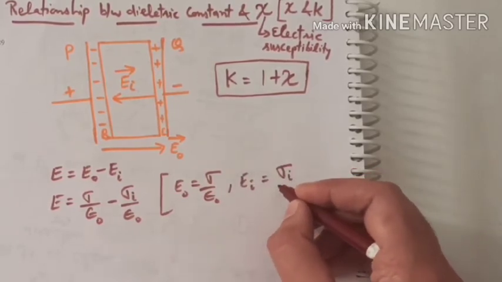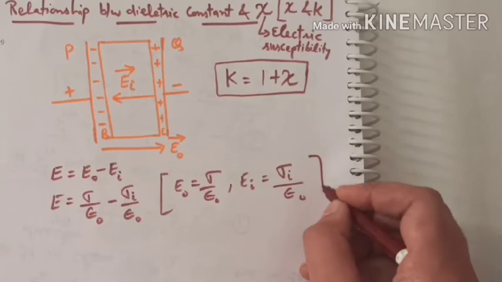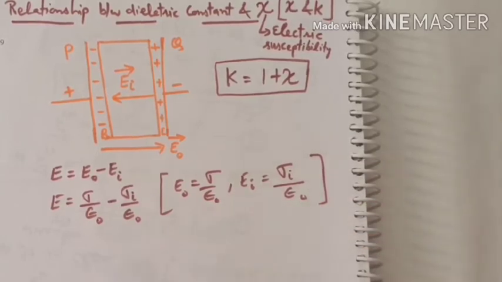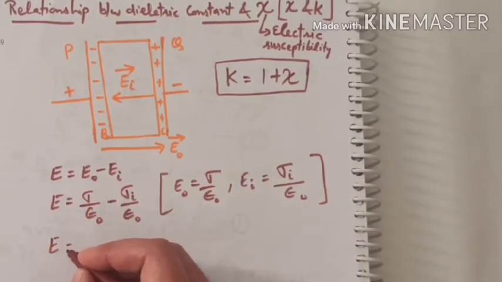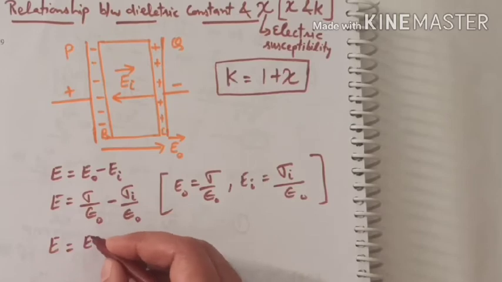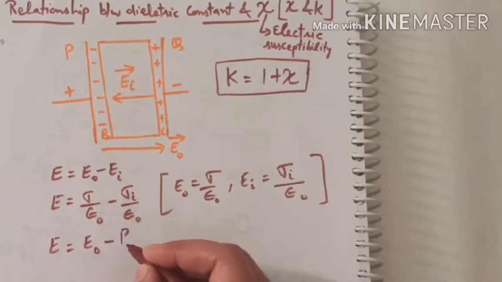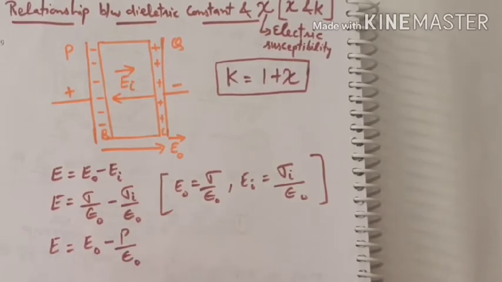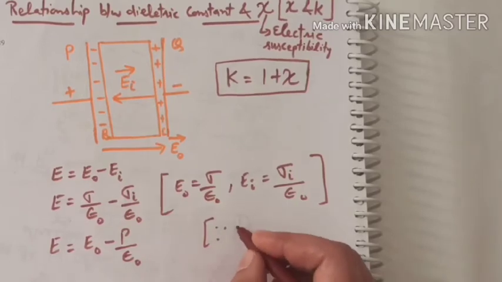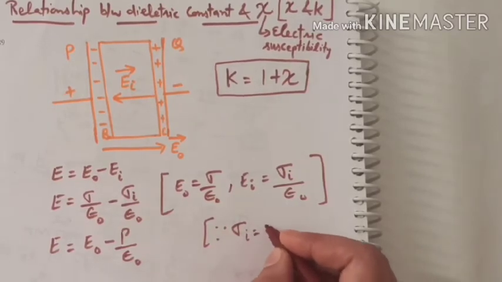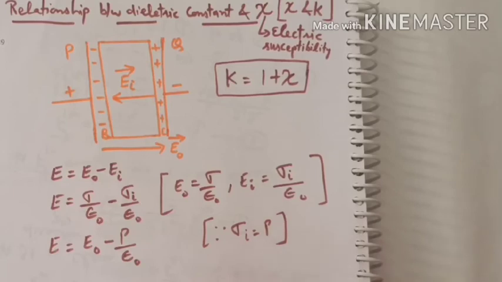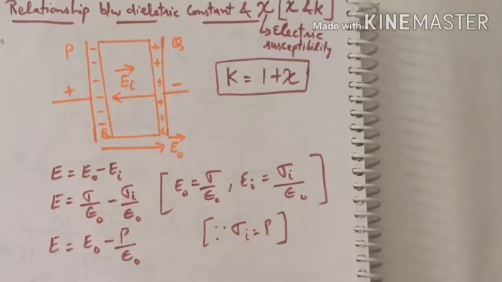Here is the internal surface charge density over epsilon naught. So this E value is equal to E naught minus P by epsilon naught, because this sigma I is equal to P. This is the polarization density of the dielectric slab. P is the polarization density.